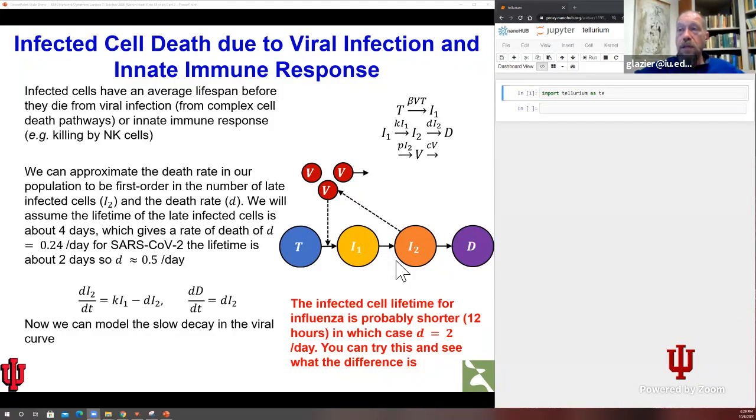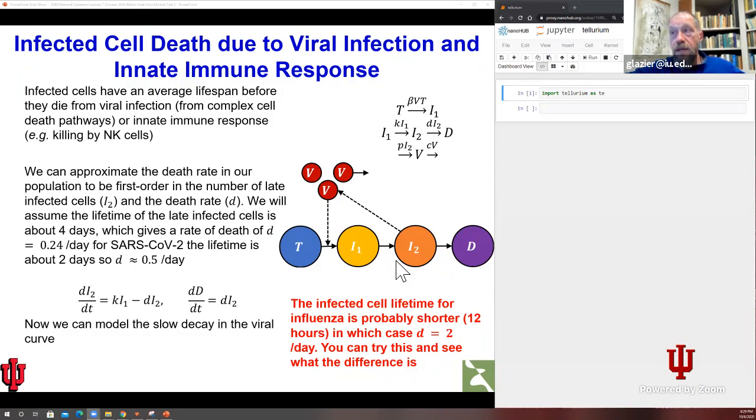The key thing that we need to do is think about how long the infected cells, those I2 cells, produce virus. This is, again, very much like the SEIR model or the SIR model. The total number of infections is the number of infections per day from somebody infected times the number of days infected. Remember, R naught was N gamma divided by mu, where mu was the rate of recovery.